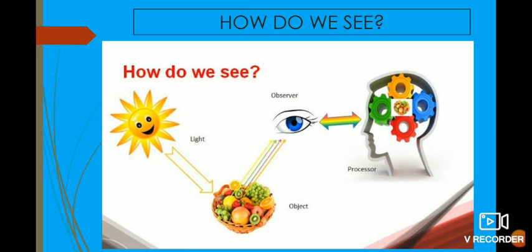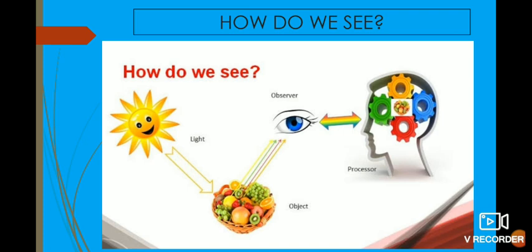How is this possible? See, when the light from the sun or the tube light or any other source falls on an object, in this case a fruit basket, what happens to the light? Some light is absorbed by the fruit basket, but some other is reflected back, bounces back from the fruit basket.